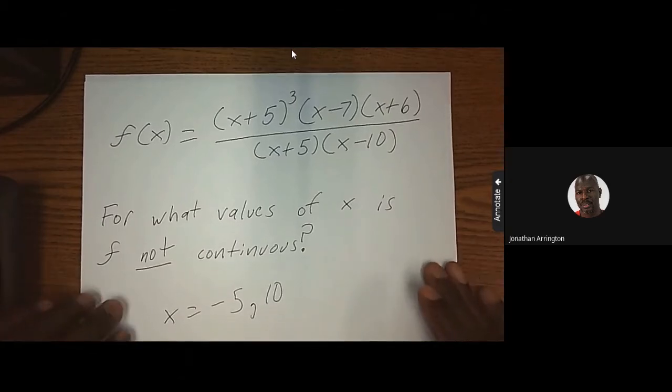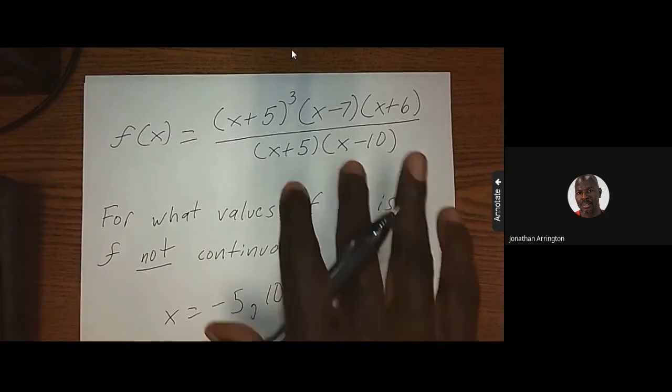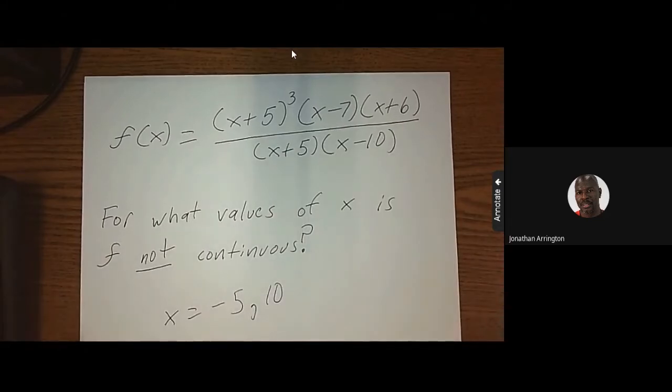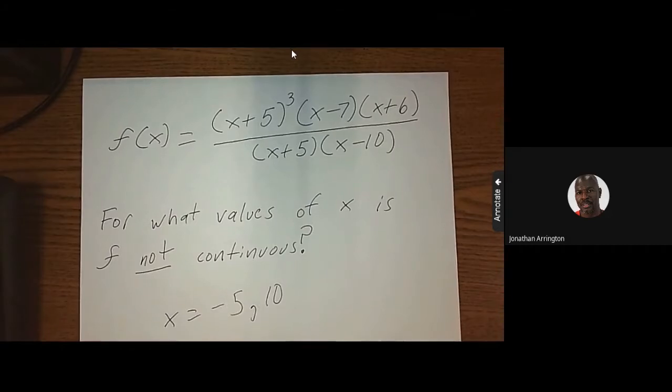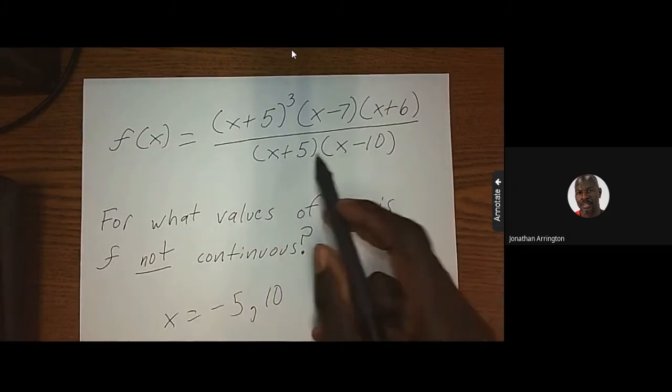And there was another question that did ask those questions. So I want to address those just in case you happen to see questions such as that. In general, for a rational function, the discontinuities are the values of x that make your denominator 0.